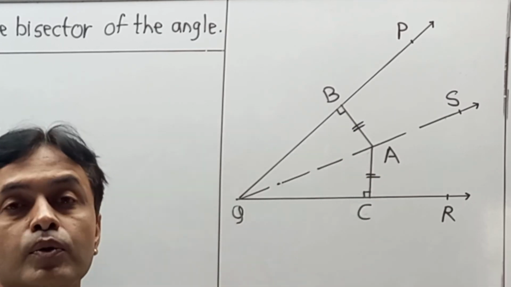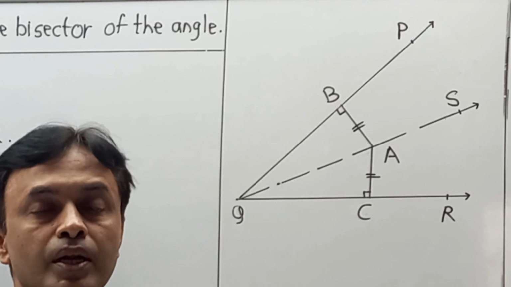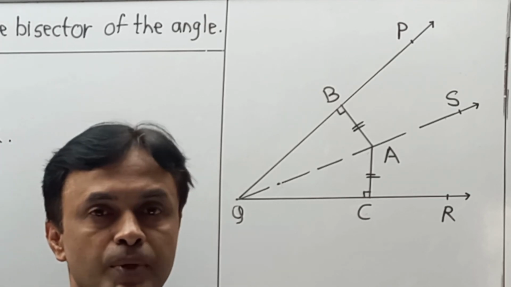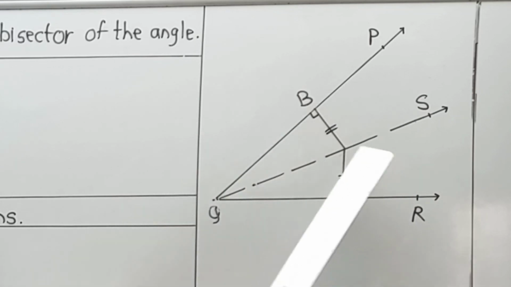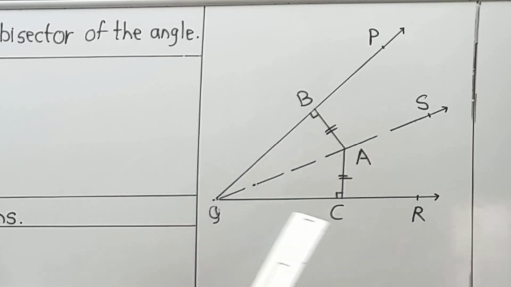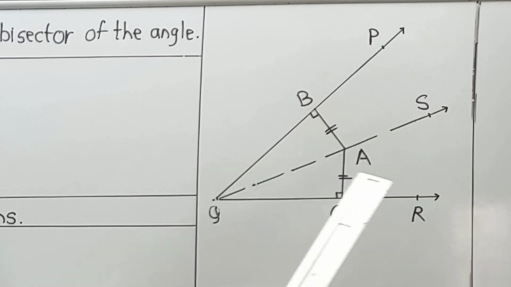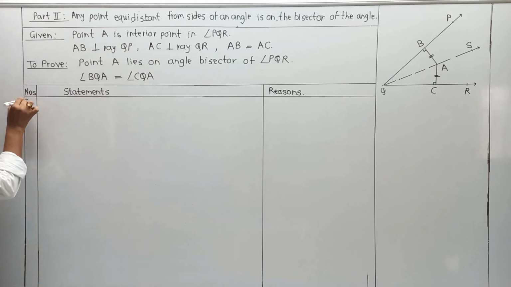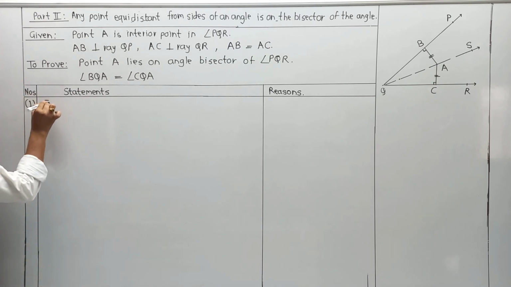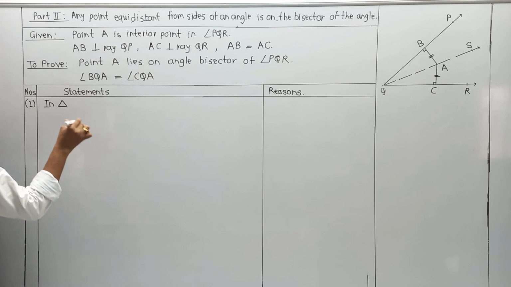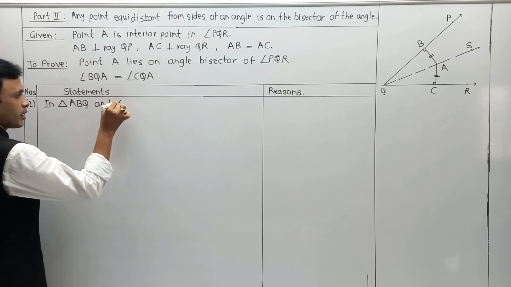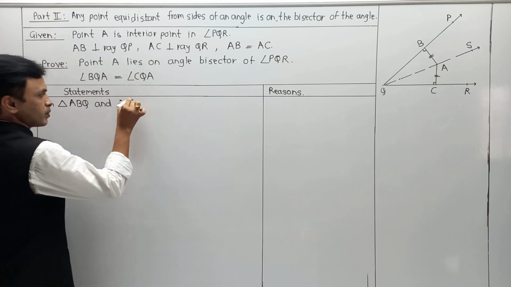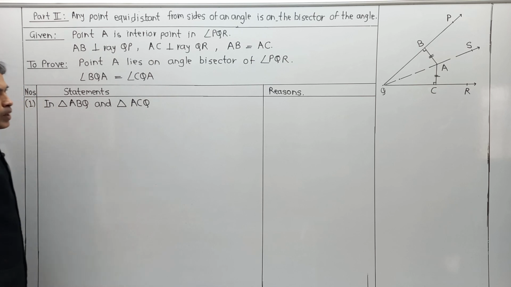And in this way, we are going to write the proof in the form of number, statement and reason. So please pay attention. Whatever we have discussed in triangle ABQ and ACQ, we are going to write in terms of answer, first in triangle ABQ and in triangle ACQ, one by one.